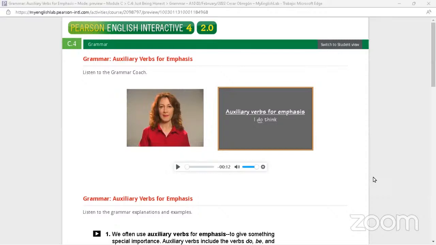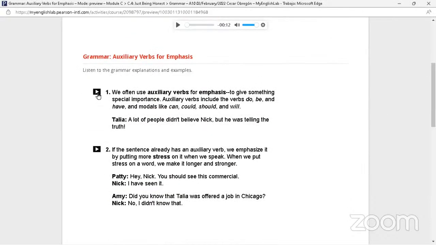And again, this is one of those situations where, okay, teacher, so all the time you told me that auxiliaries go in questions. Now you're telling me that I can just use them? Well, we use them for emphasis, but at the time we didn't talk about emphasis. So now we're talking about emphasis. Let's go over the detail, okay?